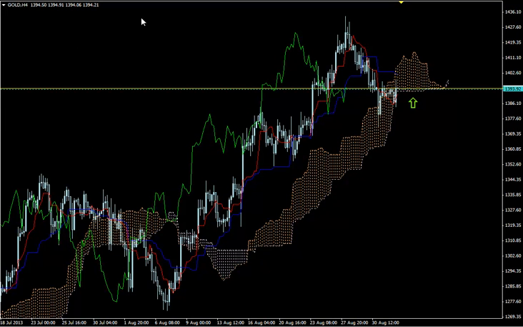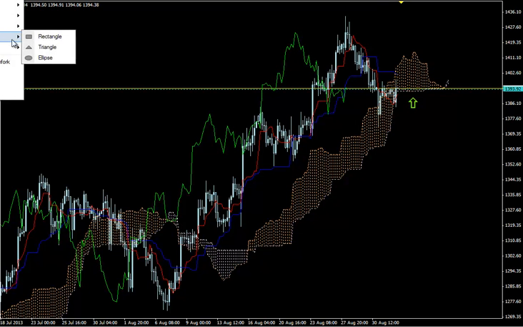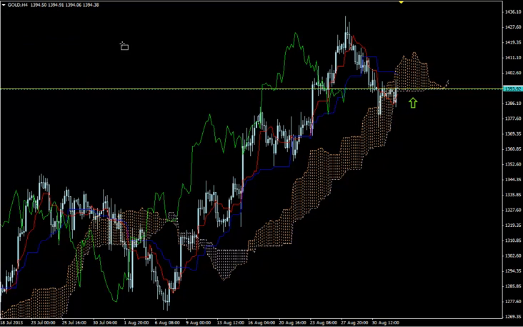So on the H4 time frame, let me insert a shape here. We see that the price crossed above Tenkan-sen, the red line, during this candlestick, and while it was going down, it failed to cross below Tenkan-sen, and it reversed.